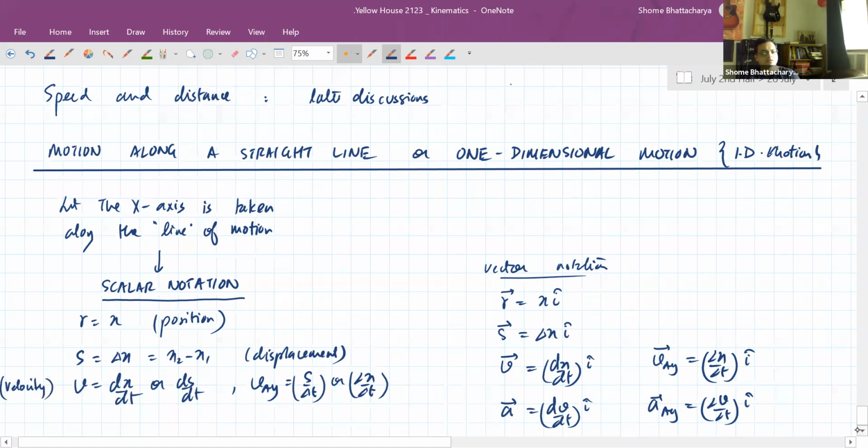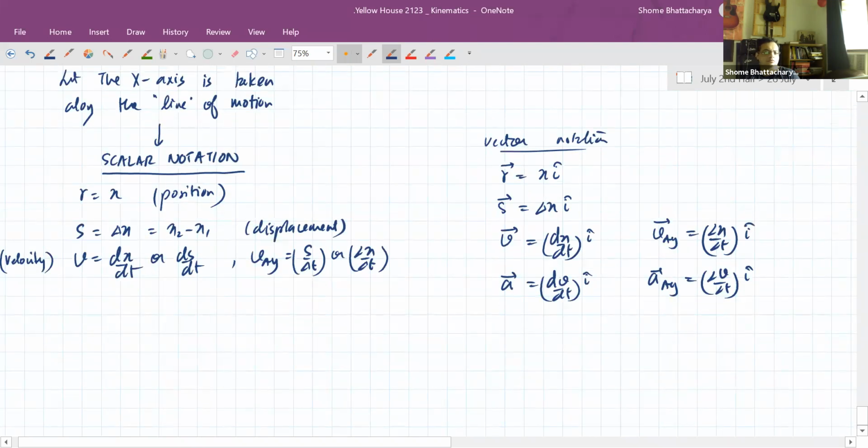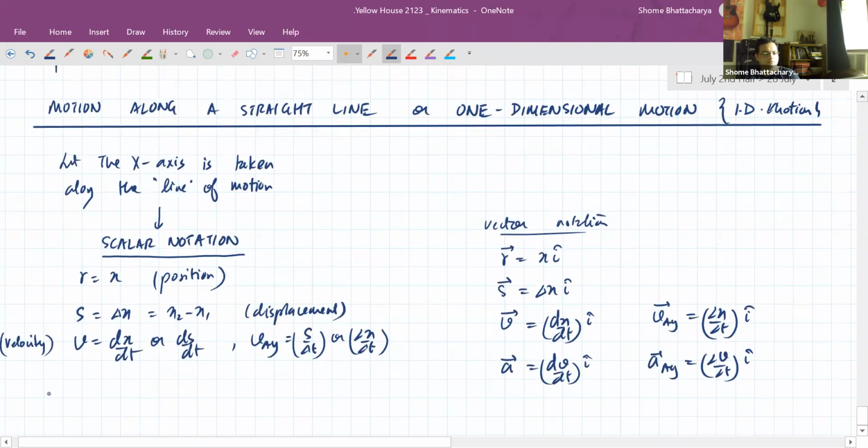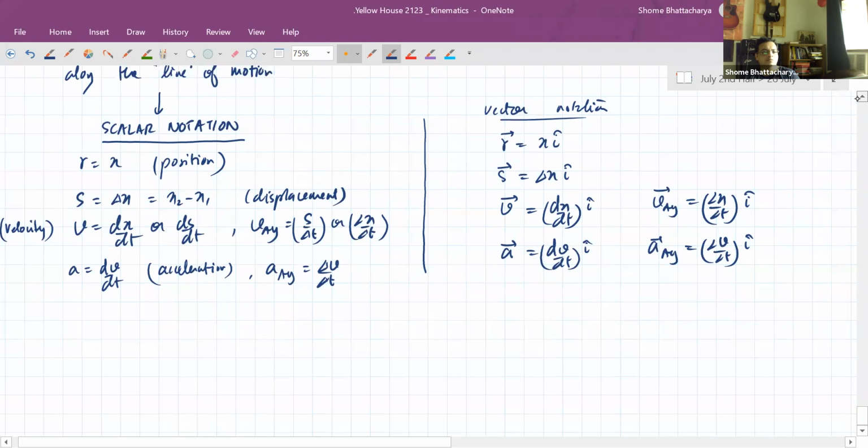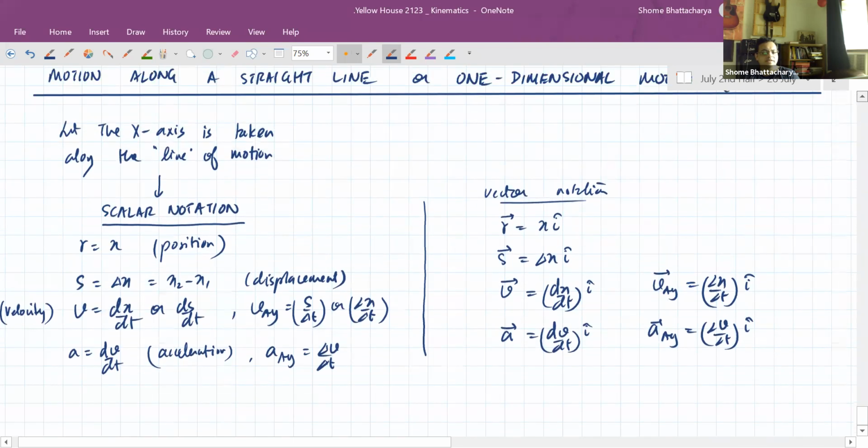And likewise for the others. So in the scalar notation, it is the algebraic sign which tells us the direction, because there are only two possible directions, along the positive direction or along the negative direction.